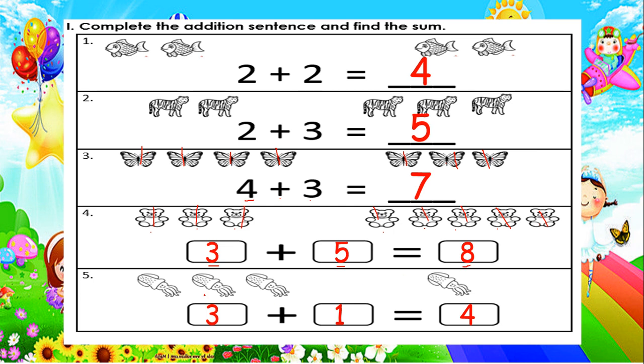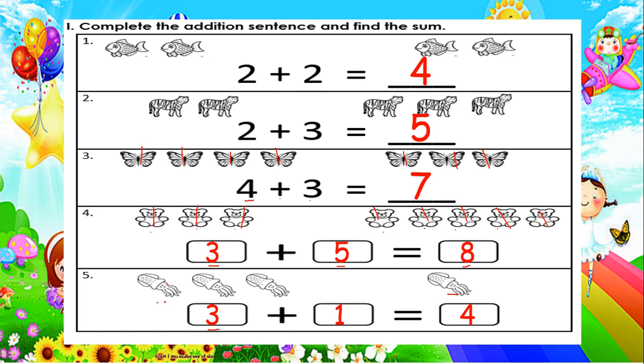Next, we have 1, 2, 3. That's why you have here number 3. 3 objects on the first group plus 1 object in the other group. So 3 plus 1 equals 4.